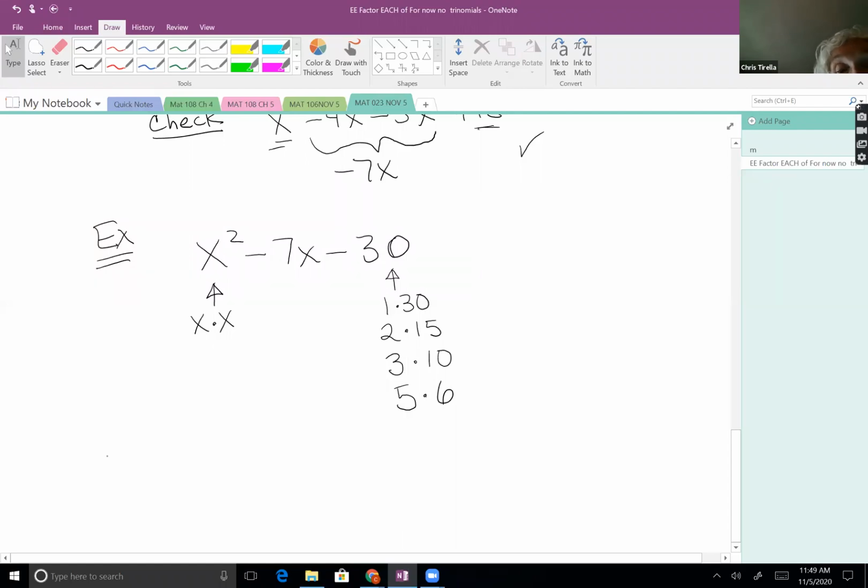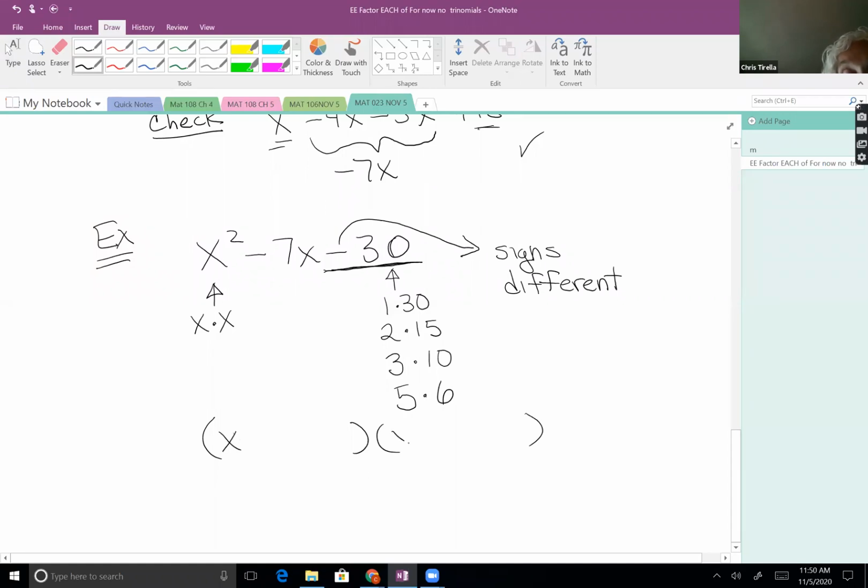What makes this one different is that 30 is negative, and since it's negative, it tells me that my signs are going to be different. So now I'm going to have x and x. I know that one's a positive and one's a negative.